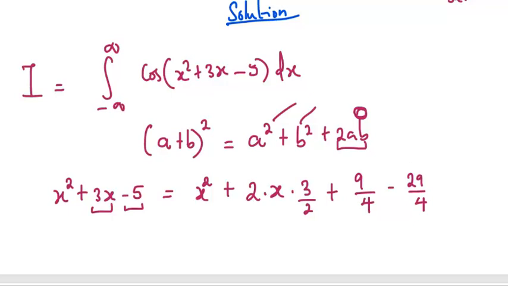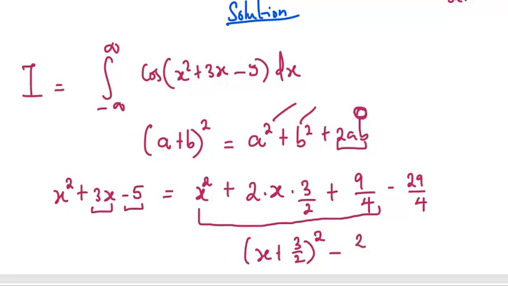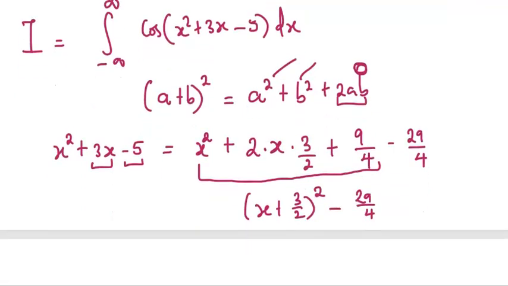You get the idea? So this is indeed a perfect square, which is equal to x plus 3 all over 2 whole squared, and then minus 29 divided by 4. So we are done completing the square.